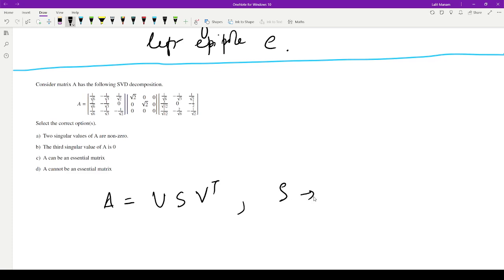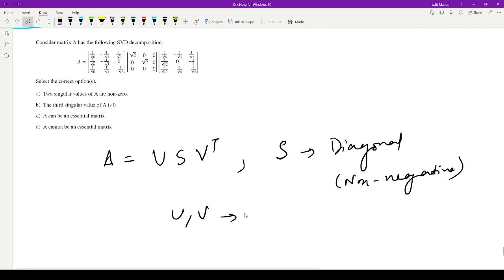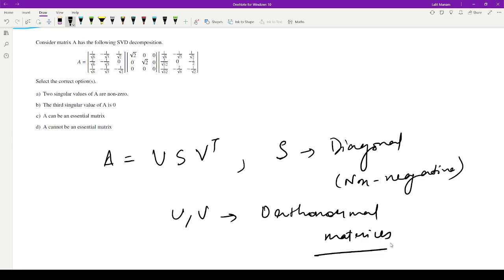We know that S is diagonal and non-negative. So it will either contain 0 or positive elements. And what about U and V? U and V are orthonormal matrices. What does it mean?